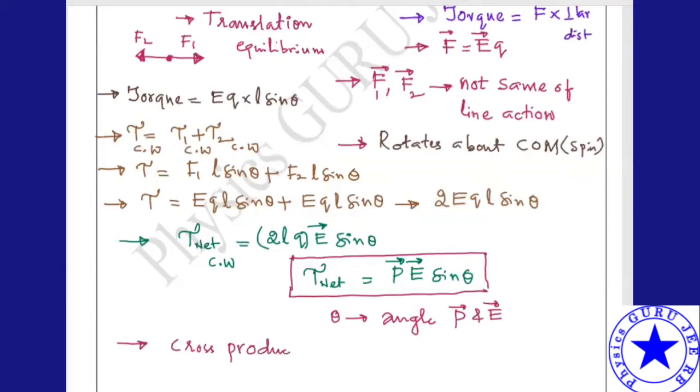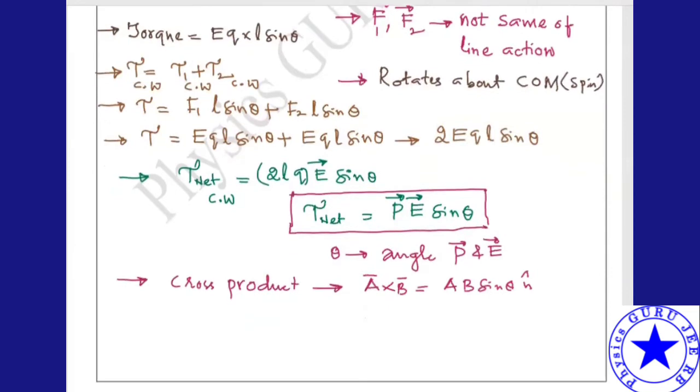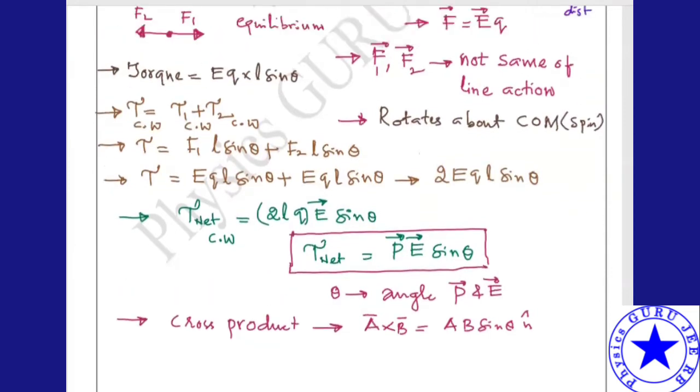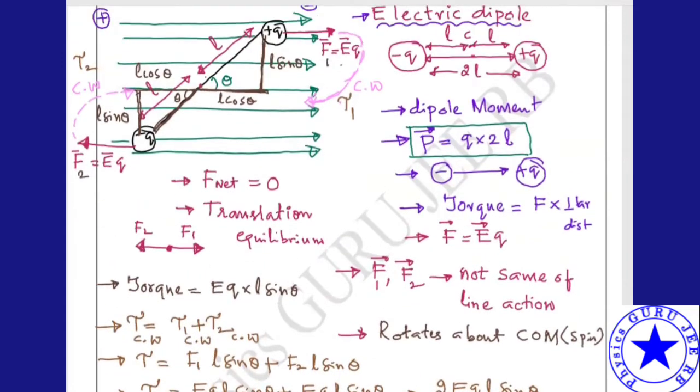A cross B is equal to, do you remember anybody? A cross B equals AB sine theta into n cap. n cap is the direction of the unit vector. Now it is PE sine theta. How to write this in terms of cross product? That is what is important here.